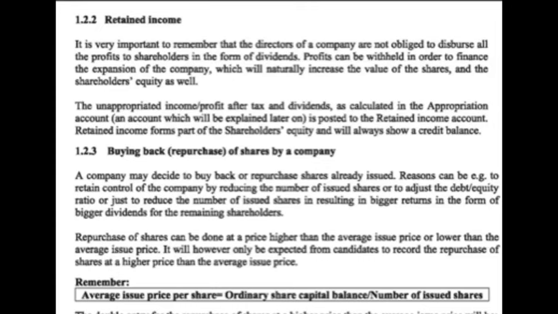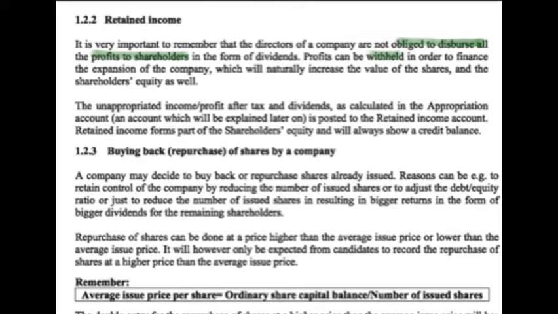The next share equity account is called retained income. It is very important to remember that the directors of a company are not obliged to disperse all their profits to shareholders in the form of dividends. Profits can be withheld in order to finance the expansion of the company, which will naturally increase the value of the shares and the shareholders' equity as well.